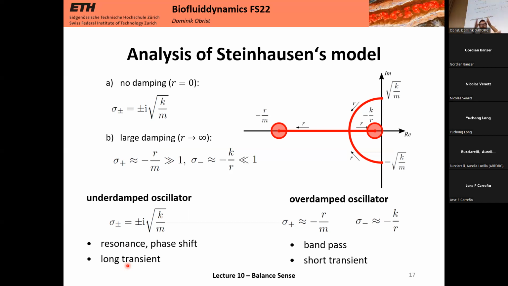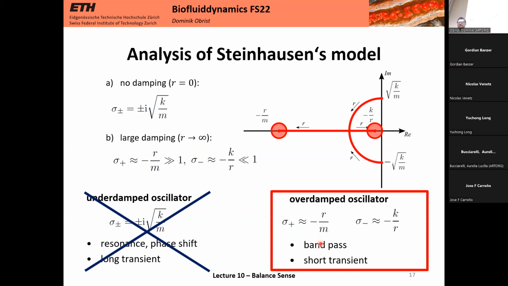And you don't want that. You want accurate information in time. If you start moving, you want the information. If you stop moving, the signal should go away. So having an underdamped oscillator is not a good thing. Having an overdamped oscillator is a good thing. So this is the situation we have in a semicircular canal.